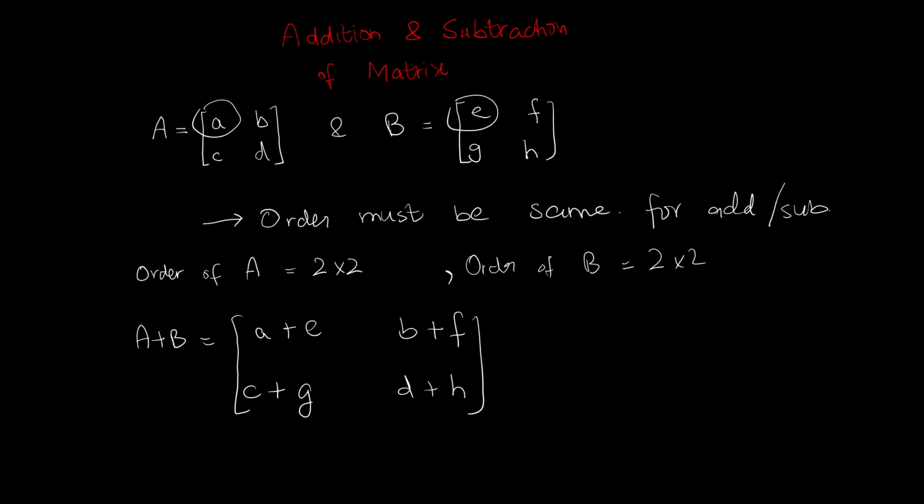Now the final matrix would have the same order as the original matrices. The order of A plus B is the same as the order of A, which was the same as the order of B, which was 2 by 2.